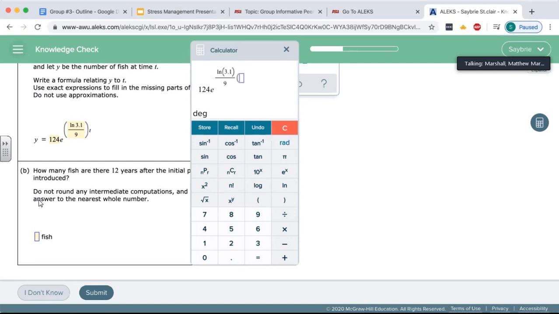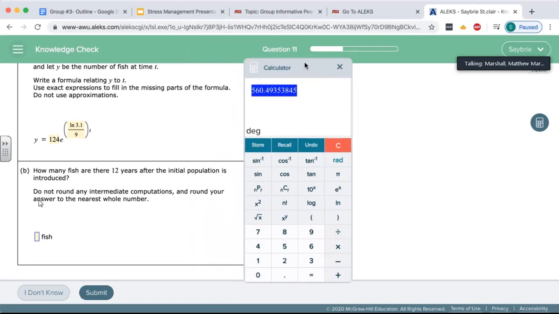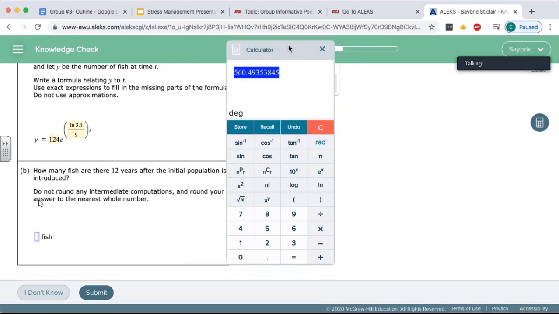Perfect. The nearest whole fish. Yes, ma'am.